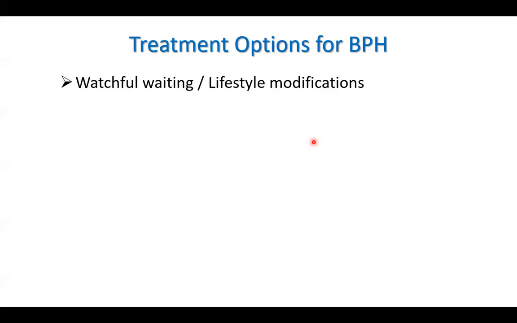Lifestyle modifications could include decreased caffeine, exercise, improving your metabolic profile, and if they are disturbed by nocturia, they can take less fluid before going to bed. So there are various lifestyle modifications that can be done.